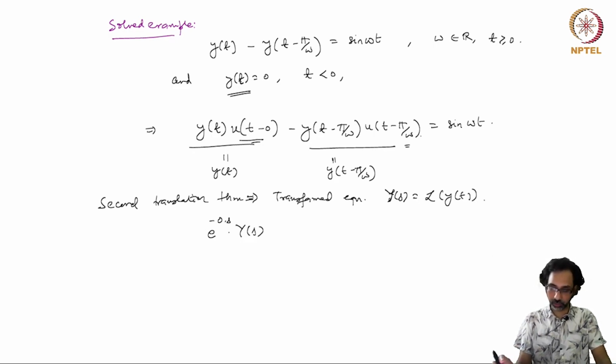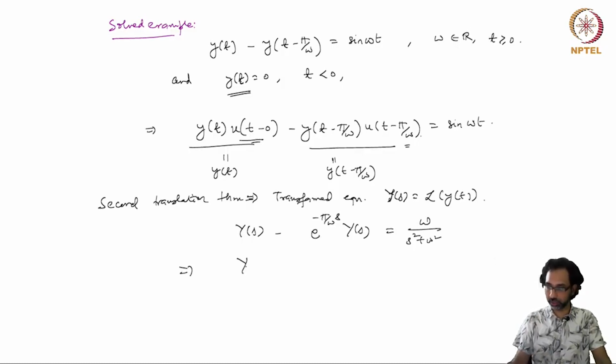So this is simply Y(s), and the second one is e to the power minus pi by omega s Y(s), and on the right hand side we will get omega by s squared plus omega squared. This is valid for s positive, so we can get the solution for capital Y(s), which is omega by s squared plus omega squared, times 1 over 1 minus e to the power minus pi by omega s.